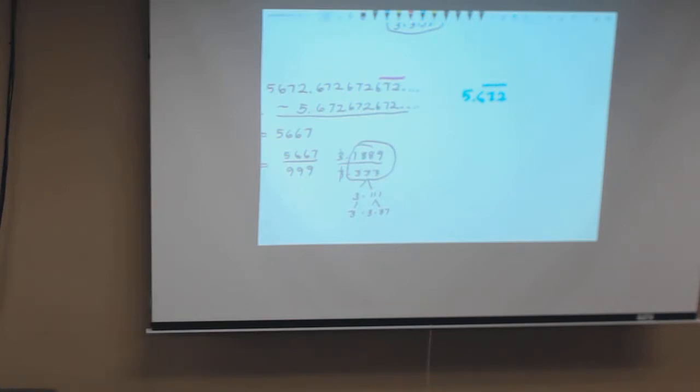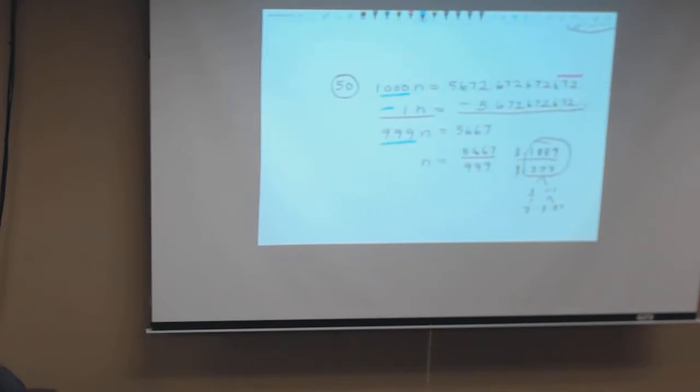But I could say this is 5 and 672 over 999. You see that? I can make a mixed number out of it. And then I could simplify this part and either leave my answer as a mixed number or change it to an improper fraction. The most reduced that we can get is 1,889 over 333.